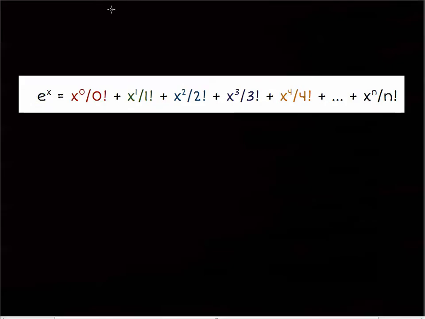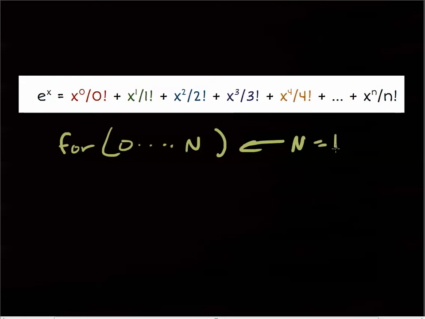If we look at this, clearly we're going to have some sort of a for loop, 0 through n. We're going to go around n times, meaning n equals the number of terms.